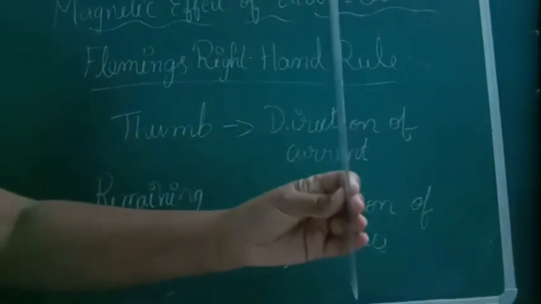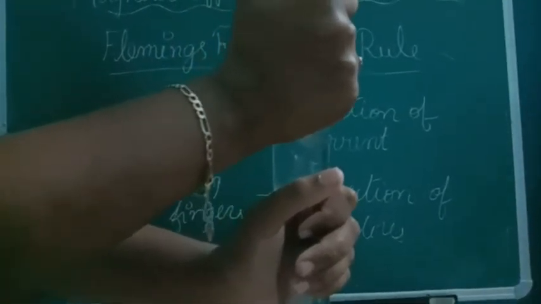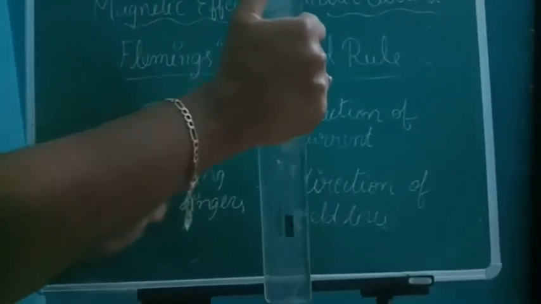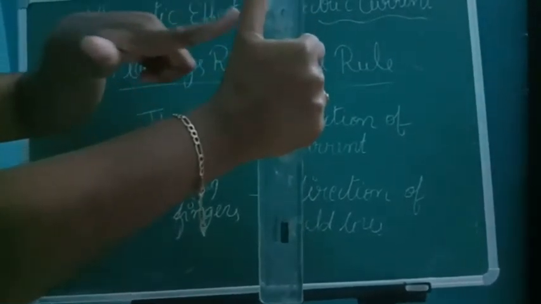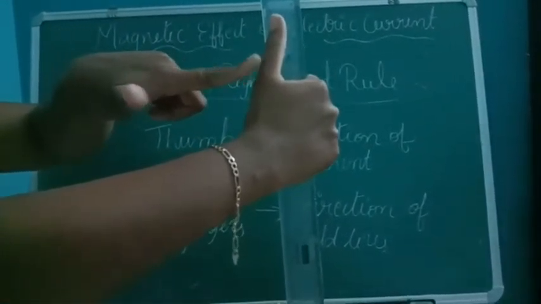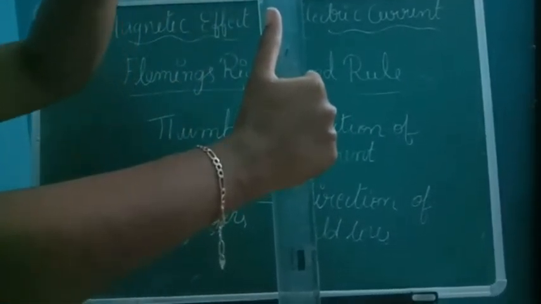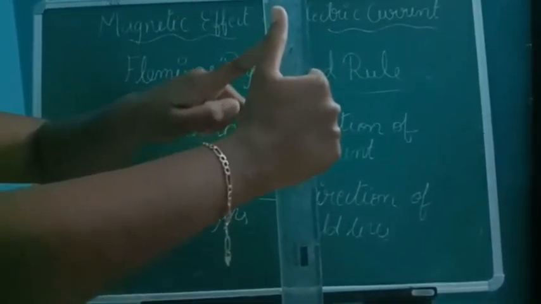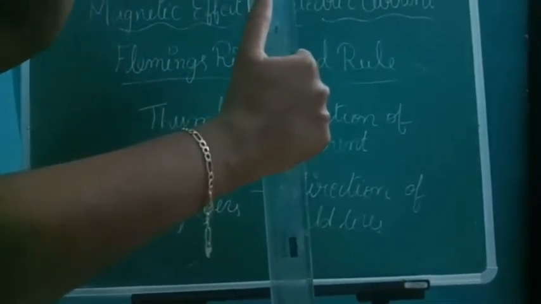Now consider this is a conductor. Here electrons are passing. Now when you apply Fleming's right hand rule in this conductor, the thumb finger indicates the direction of current. So the thumb finger is here; in this way the current is moving, so the electrons are moving upward.